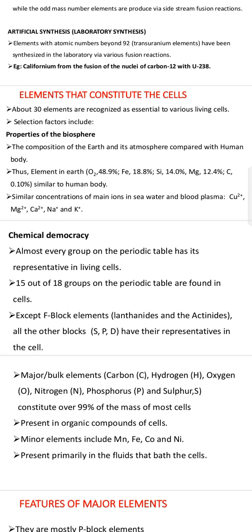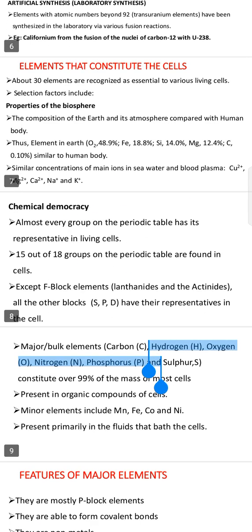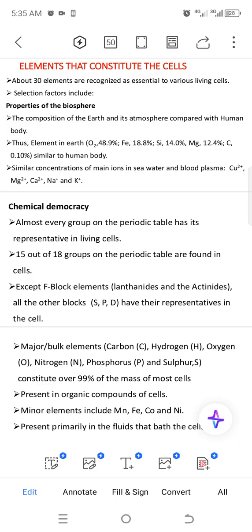So about 30 elements are recognized as essential to various living cells. Over 100 elements on the periodic table, just 30 are recognized as important to the various living cells.